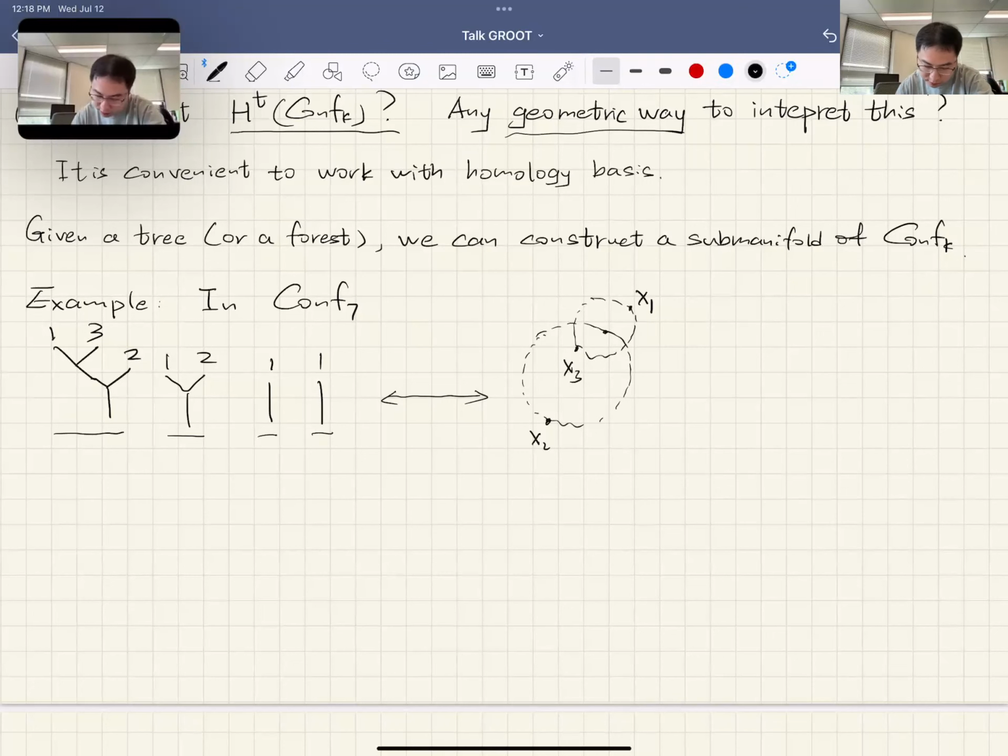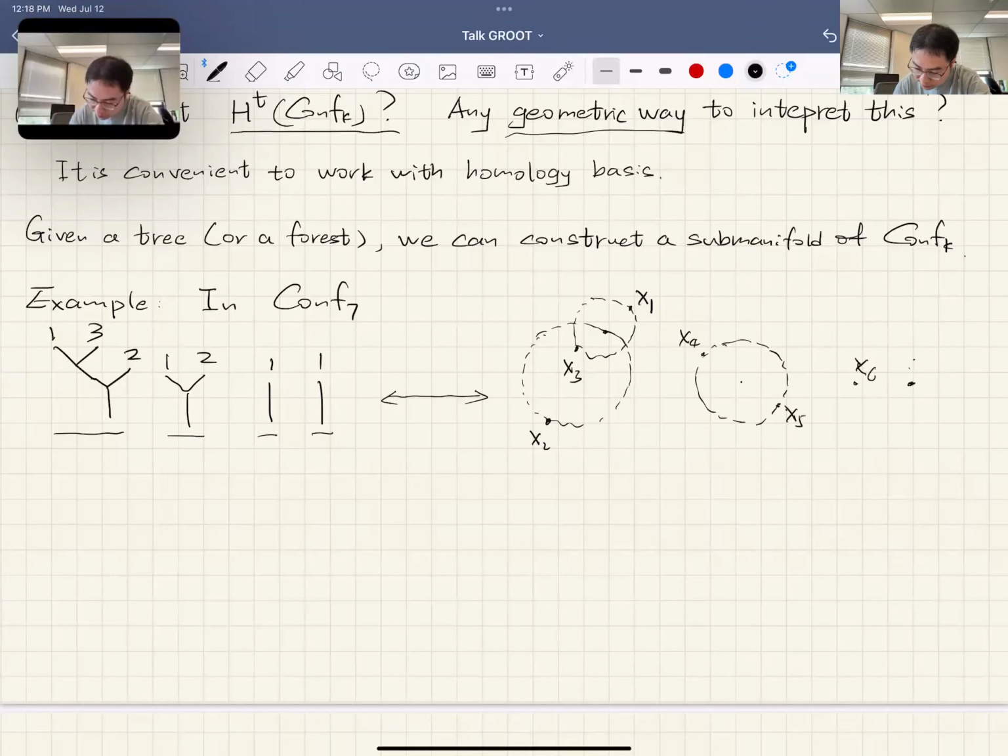And for the second tree, I can build a planetary system, x1 here, x2 here, and x1, x1. Okay, if I modify the index a little bit, I call this x4, I call this x5.